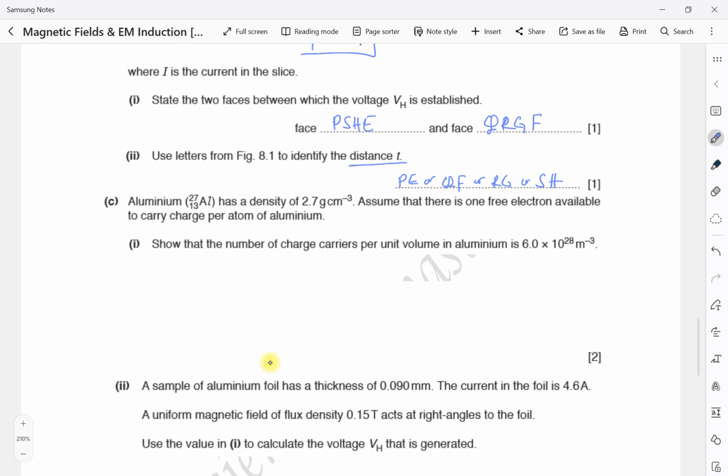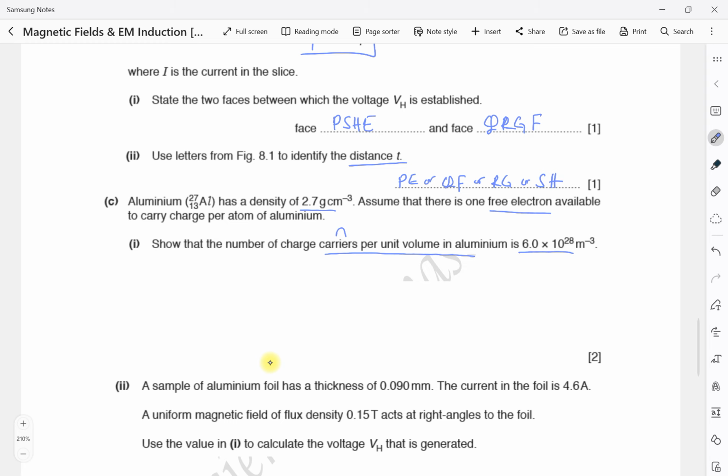Aluminium has a density of 2.7 grams per centimeter cubed. Assume that there is one free electron available to carry a charge per atom of aluminium. Show that the number of charge carriers per unit volume in aluminium is 6.0 times 10 to the power of 28 per meter cubed.